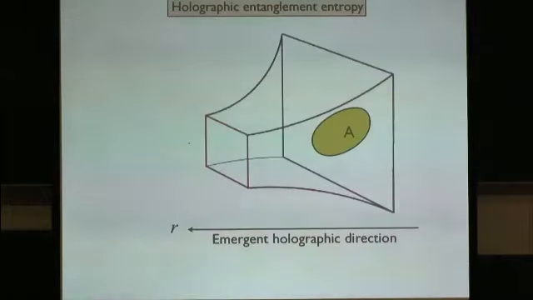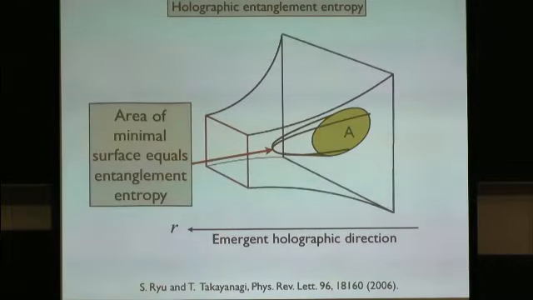Now let's do holography. So holography, I want to compute the entanglement of region A with its environment. And this is the emergent holographic direction. So there's, as I said, a famous and very beautiful result of Ryu and Takayanagi, which initially started out as a conjecture, but at this point it's been checked in many cases.